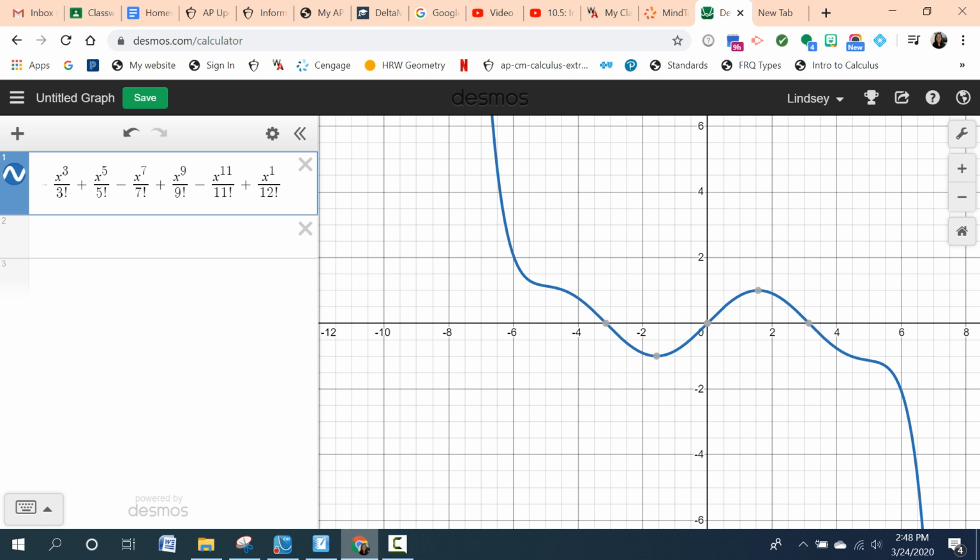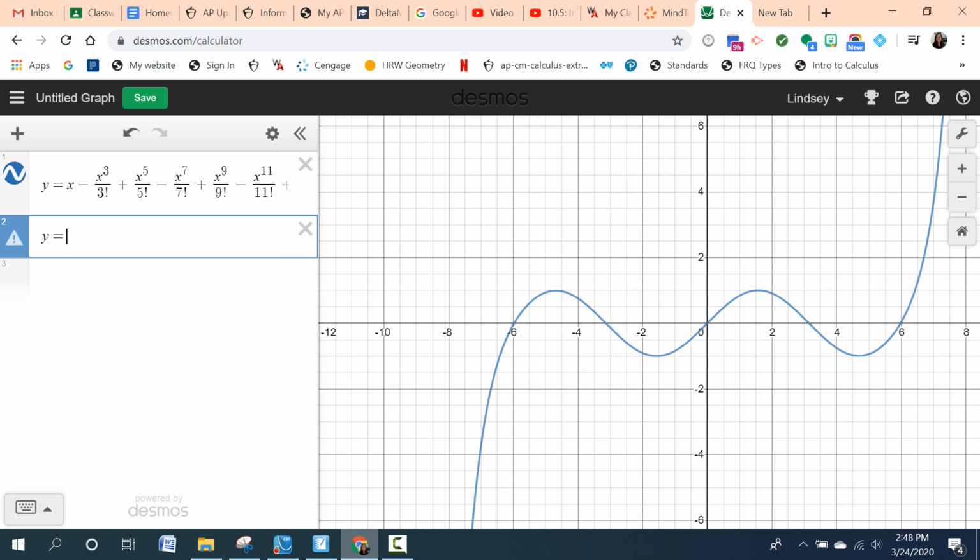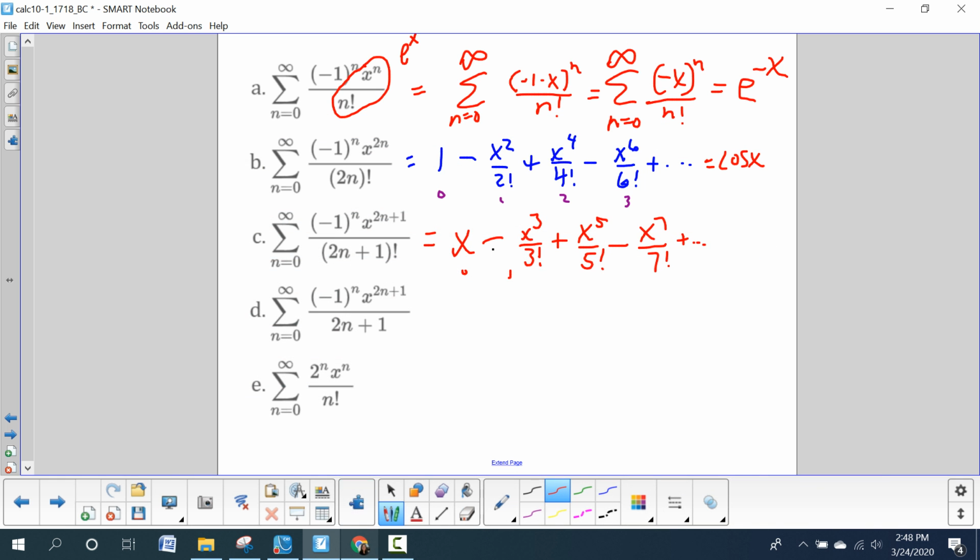It was 2n plus 1, it was making odds. And look at that guy. That looks really periodic. That looks like sine of x, right? We've seen that one actually in another video somewhere.